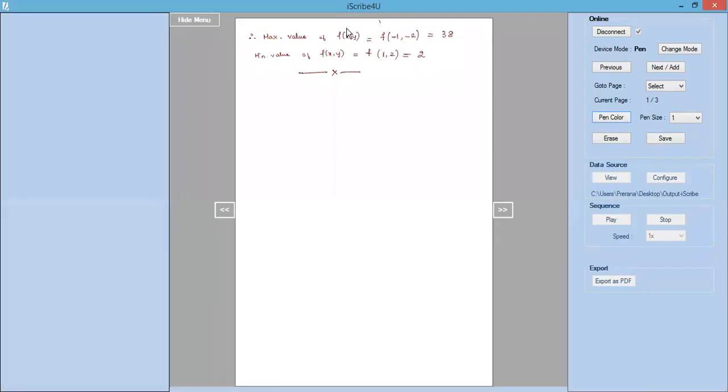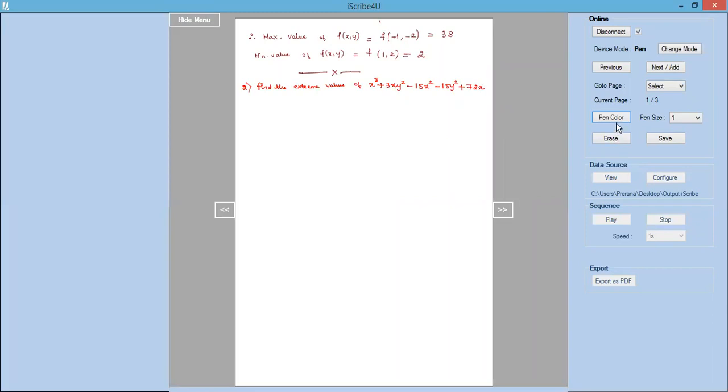We'll see another problem now. Find the extreme values of x cube plus 3xy square minus 15x square minus 15y square plus 72x.